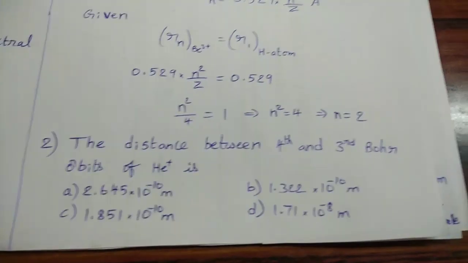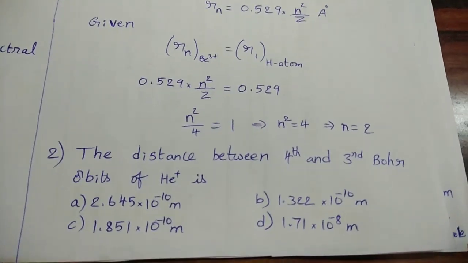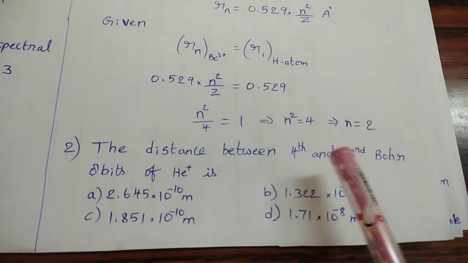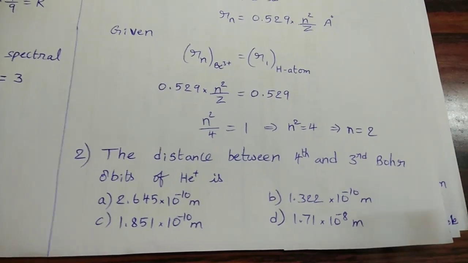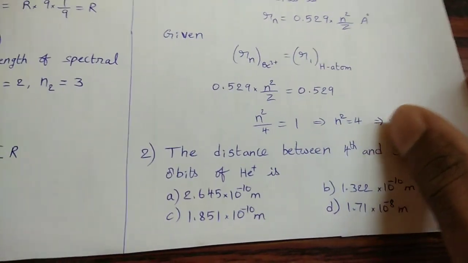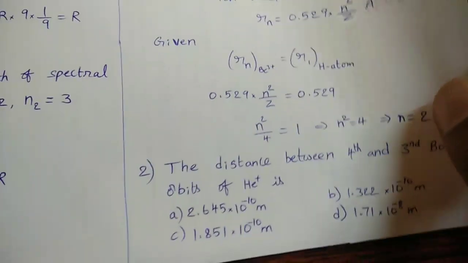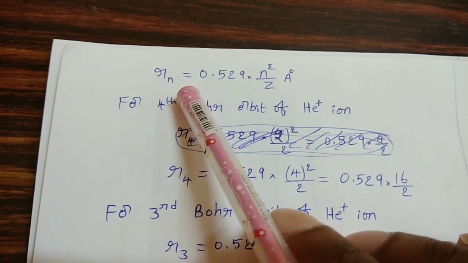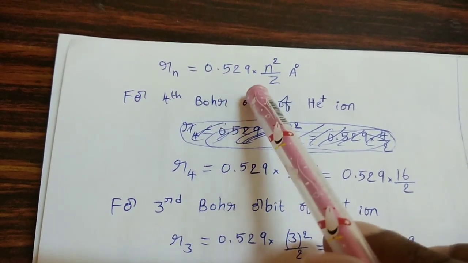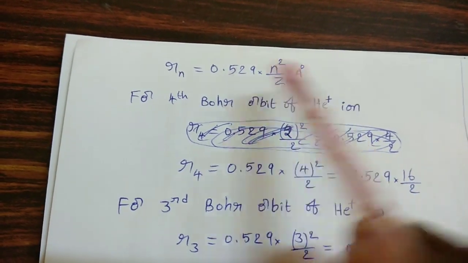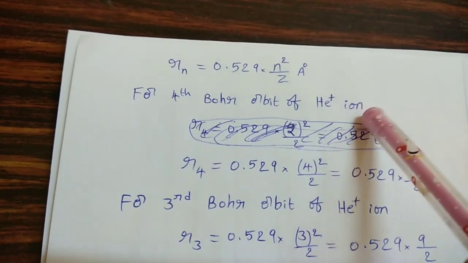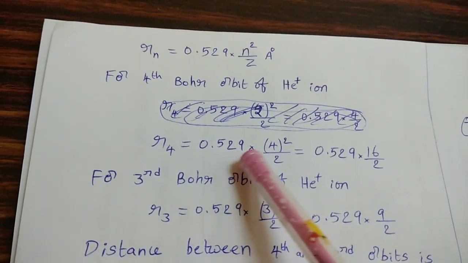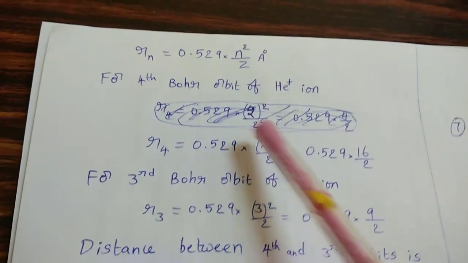See the next question. The distance between the fourth orbit and third Bohr orbit of He+ is, the fourth orbit and third orbit distance we should calculate. For that, the formula for the radius of the nth orbit is Rn equal to 0.529 into n squared by Z angstrom units. For the fourth Bohr orbit of He+ ion, R4 equal to 0.529 into n value 4.